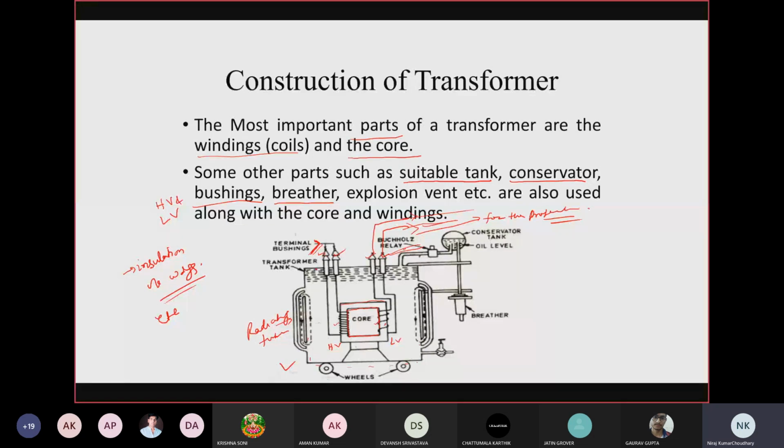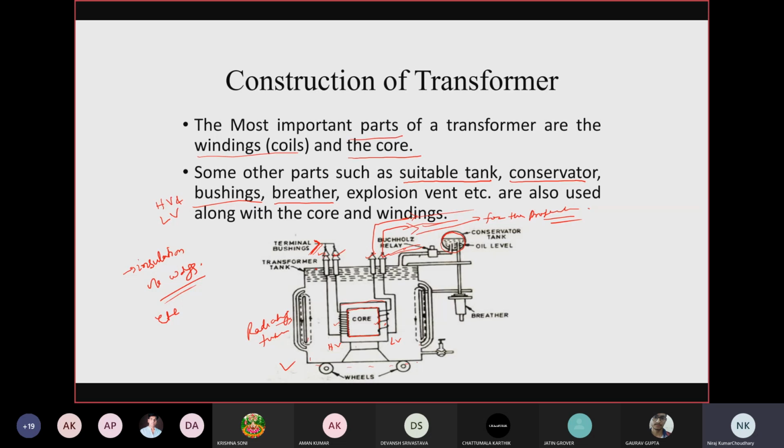Then you have a conservator tank, and the purpose of this conservator tank is to store the additional or expanded oil in the transformer. We will see later on that when current flows through the winding, it generates heat, so the oil gets heated up, and if excess heat is generated due to overloading of the transformer or any fault inside the transformer, then the oil expands.